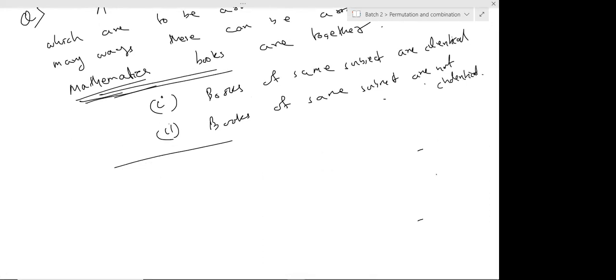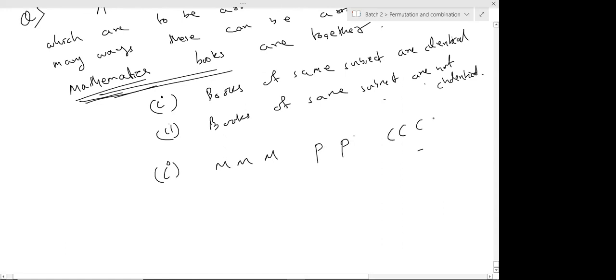So again, in the first part, let's assume the books like this. Shaifullah will check now if the answer is right or not. We need to keep the, sorry. Yes, sir.